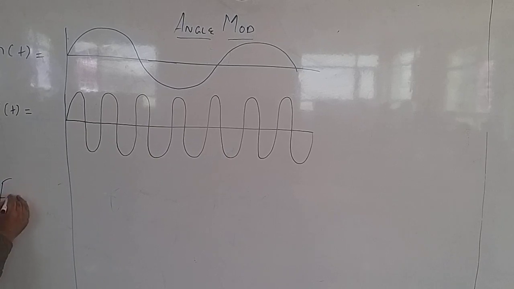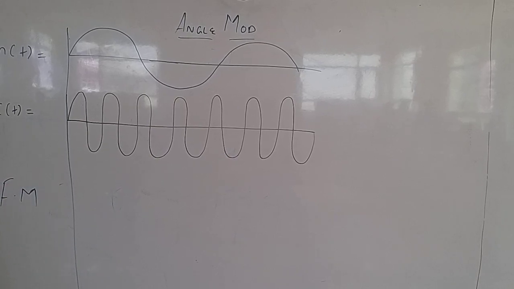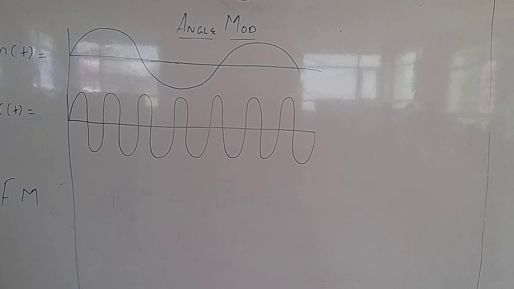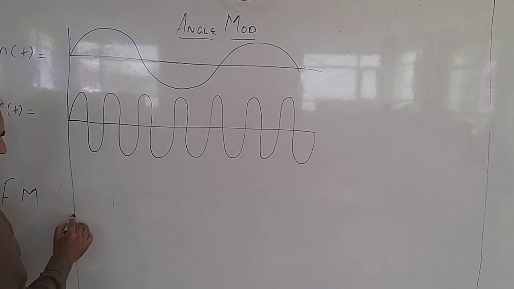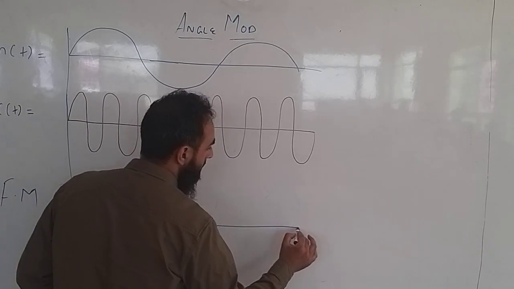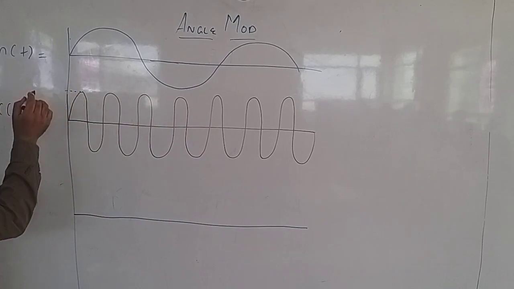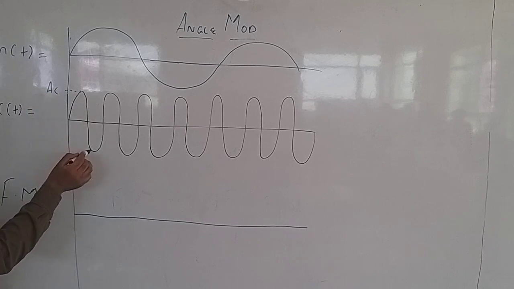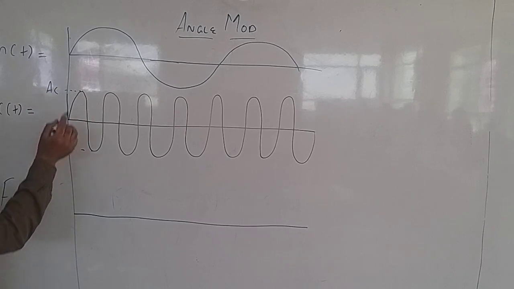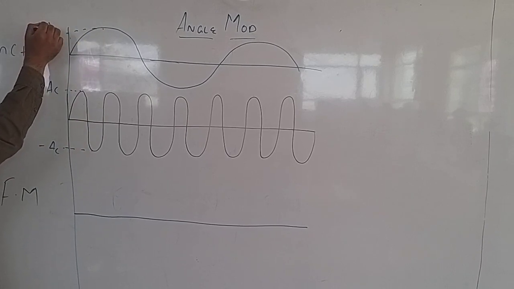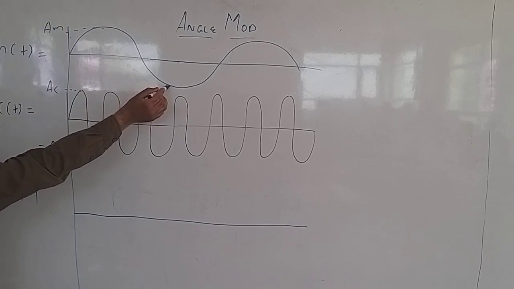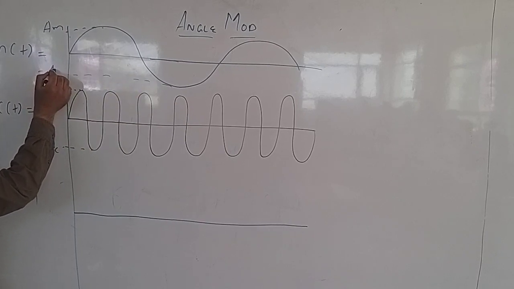Your FM signal will have the same amplitude as that of carrier. This is A C and this is minus A C, while this is A M and this is minus A M over here.